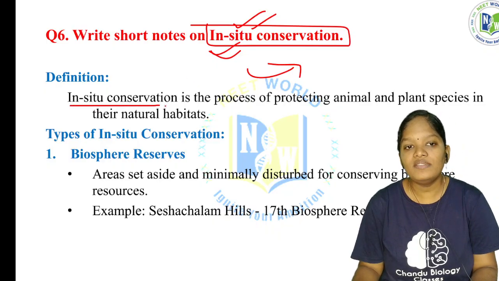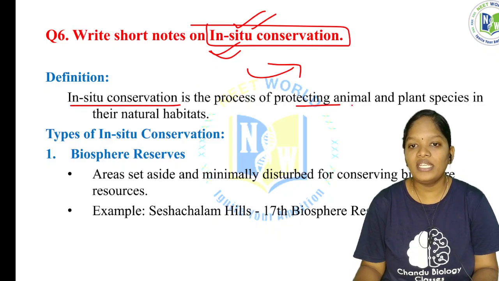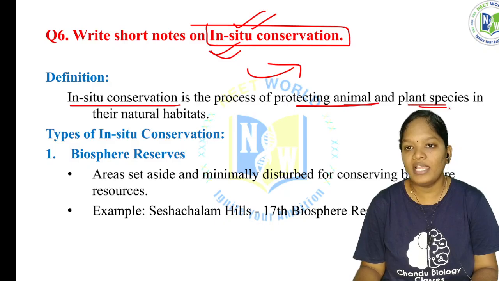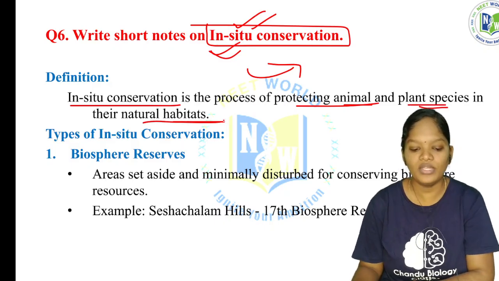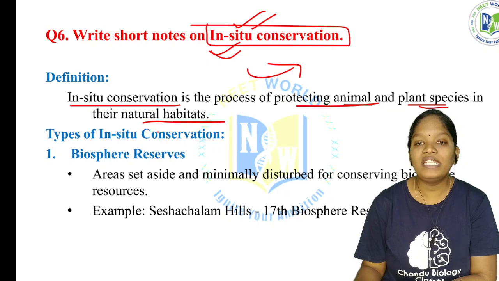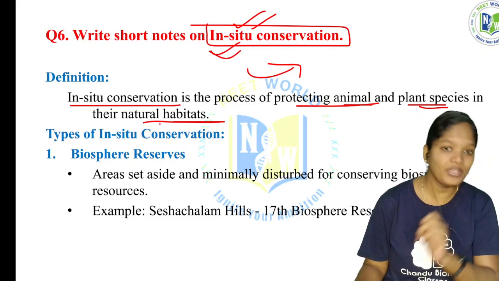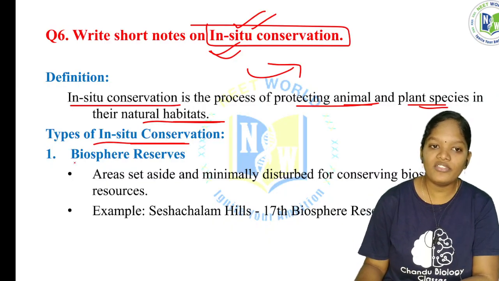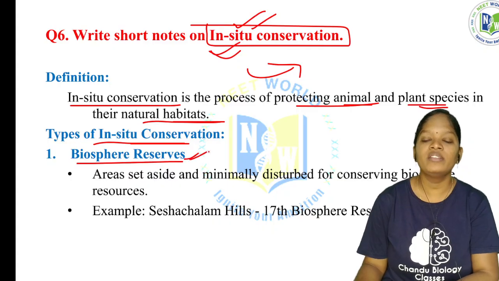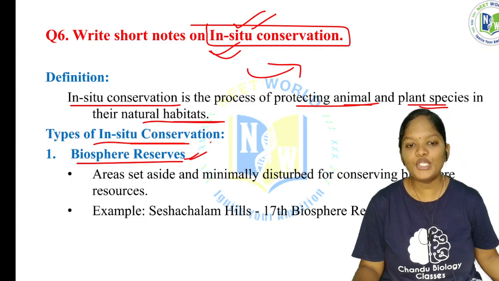In situ conservation is a process of protecting animal and plant species in their natural habitats. Now, what are the types of in situ conservation? The first one is the biosphere reserve.